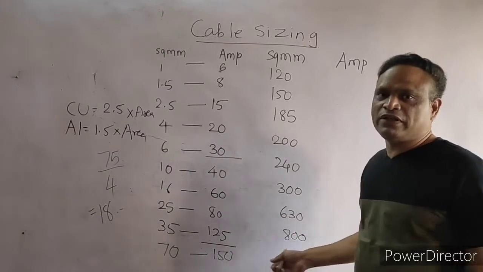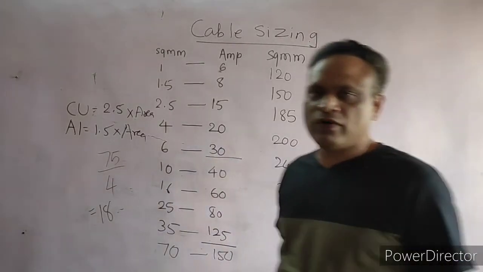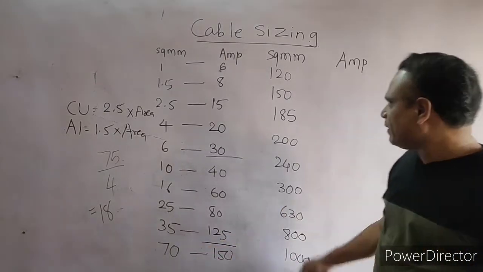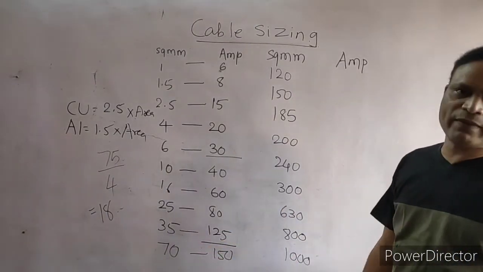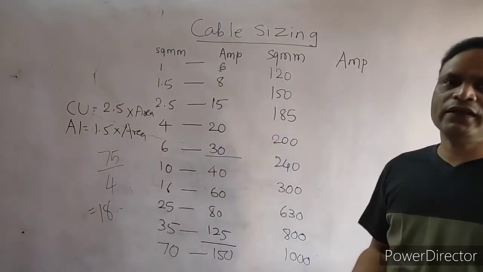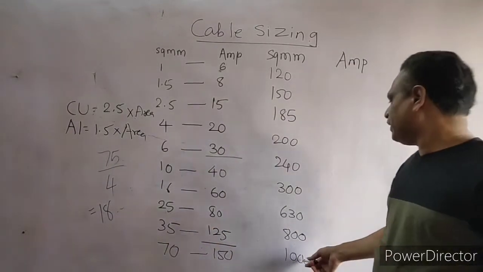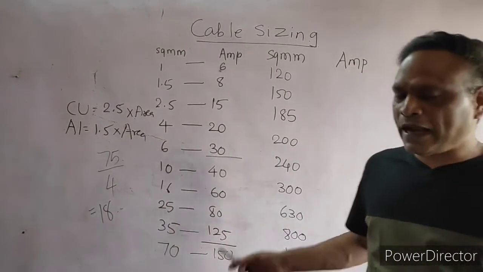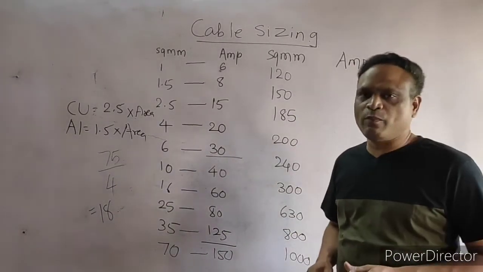Above 70 square mm up to 1000 square mm, you will find that the square mm into 2 will be the ampere rating, and of course this is for copper cables.